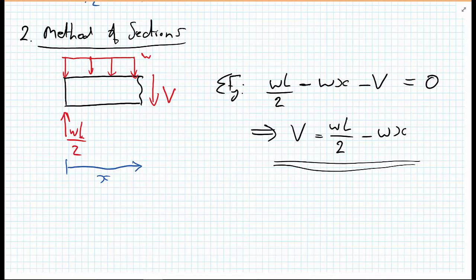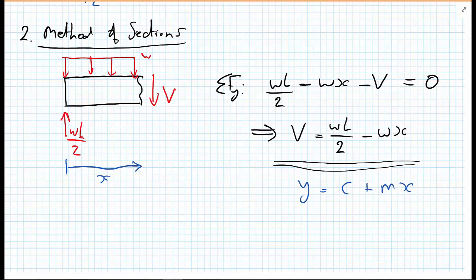Remembering that y equals mx plus c, this is indeed the equation of a straight line. We note straight away that the shear force varies linearly in response to a uniformly distributed load.